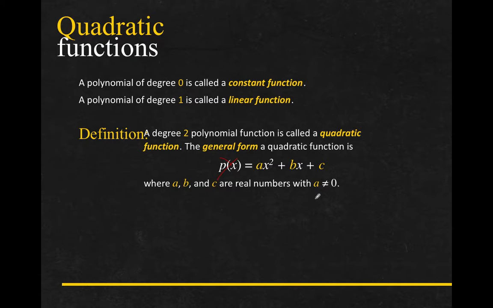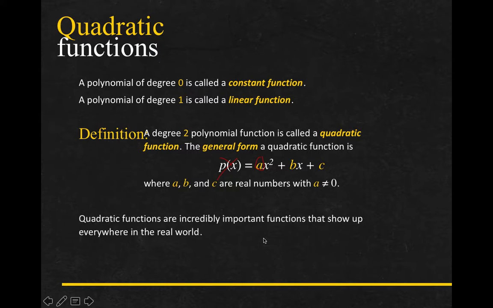However, the most important part is that a cannot equal 0, because the moment a is equal to 0, I lose my x squared term and it becomes a linear function. So important: a is not equal to 0 and it has ax squared plus bx plus c. So anytime you see a highest degree of 2, you know that you have a quadratic function.